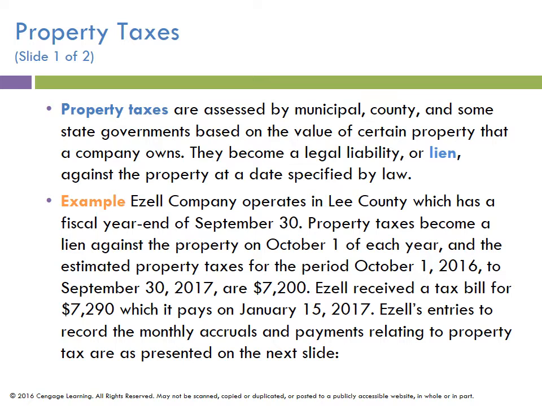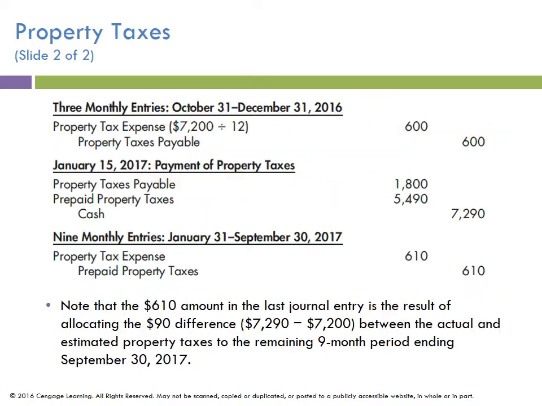And the estimated property taxes for the period October 1, 2016 through September 30th, 2017 are $7,200. Easel receives a tax bill of $7,290, which it pays on January 15th, 2017. Easel's entries to record the monthly accruals and payments relating to property tax are presented next.